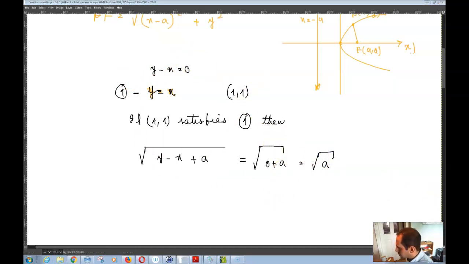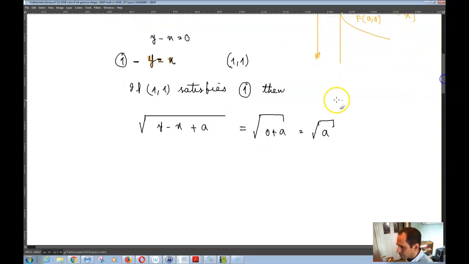So I'm using the same logic over here. Why this actually works is that if y minus x is equal to 0, then suppose that you have the square root of y minus x plus, for example, 4.